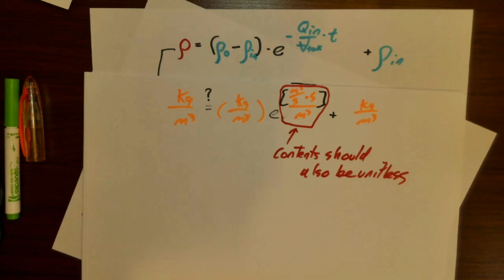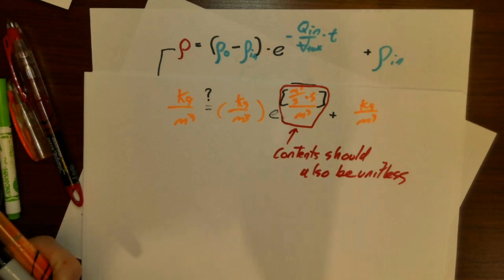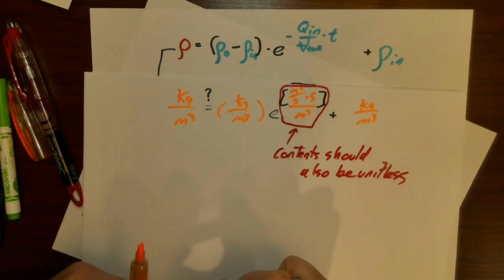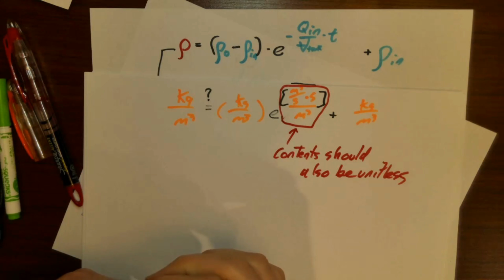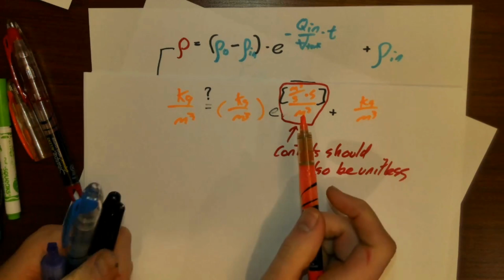So hopefully this result is satisfying. Hopefully now you have the tools to proceed with analyzing transient problems. And this allows us to say, hey, how long is it going to take, right?